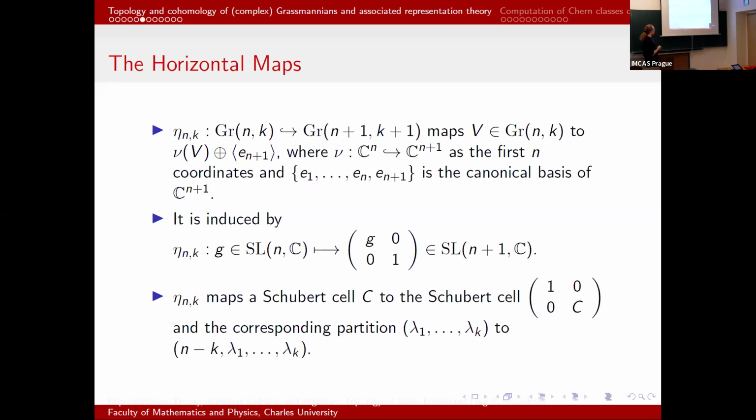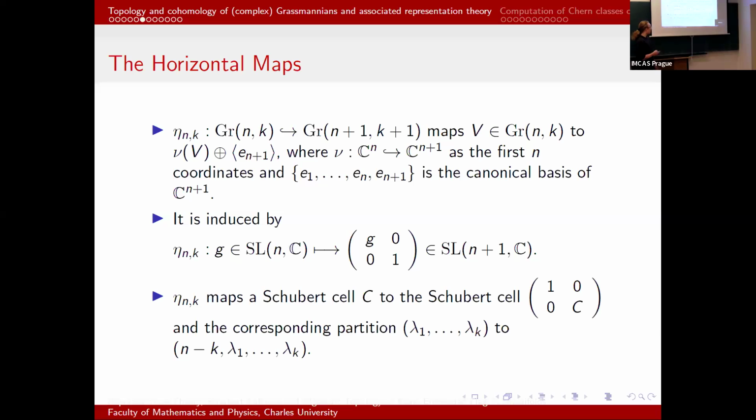And this inclusion of Grassmannians is induced by the canonical inclusion of C^n inside C^(n+1), this time as the first n coordinates. If we take a subspace B of C^n, we include it as the same subspace of C^(n+1), and then we add to it the new n plus 1 dimension we have now in C^(n+1).